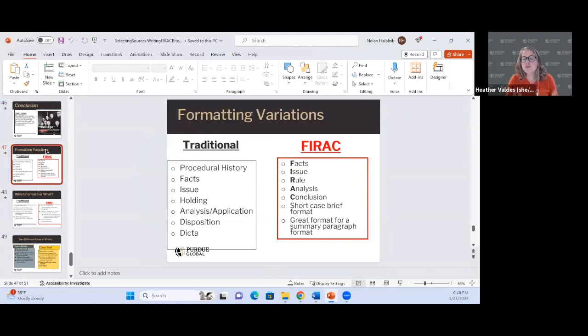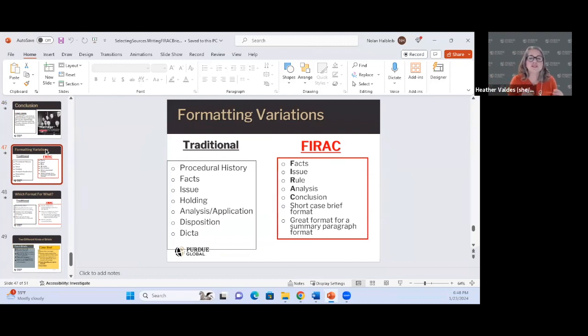Now, I wanted to point out here that there are various forms of case briefs. Tonight, we have gone over the FERAC version. It is a shortened form, and I don't know if it was relatively new when I was in law school an eon ago, but it really was coming into its own.